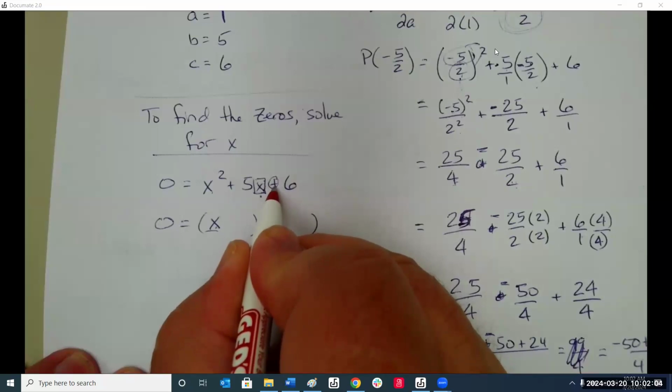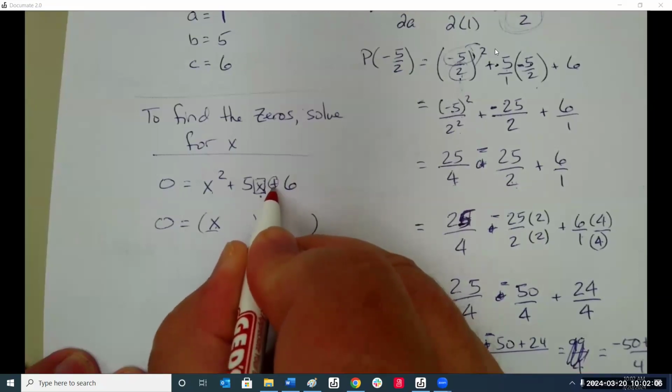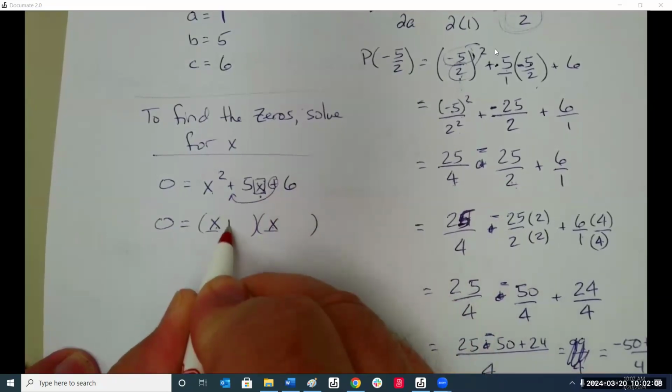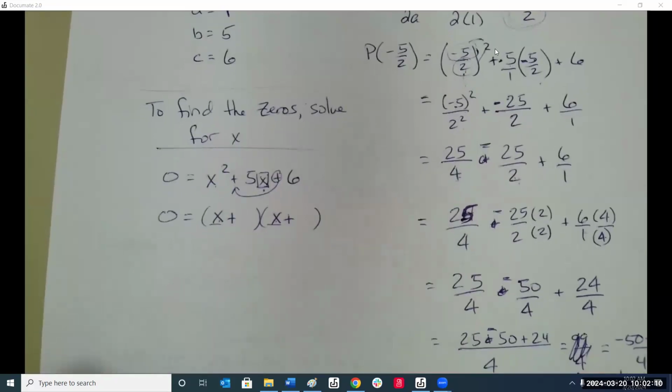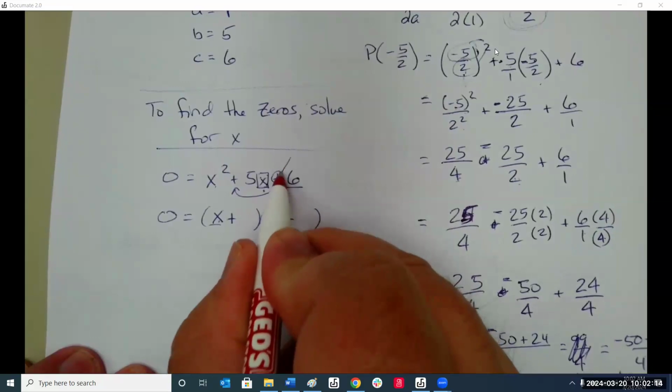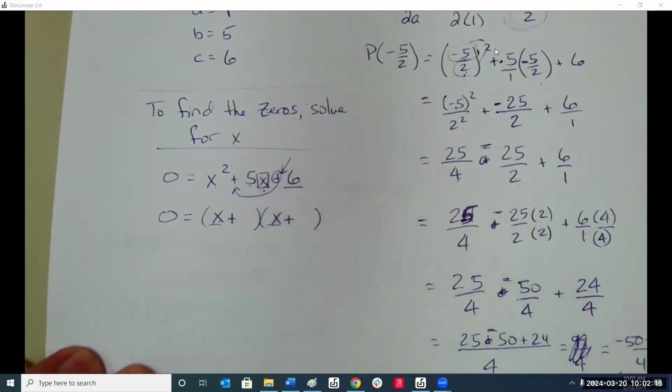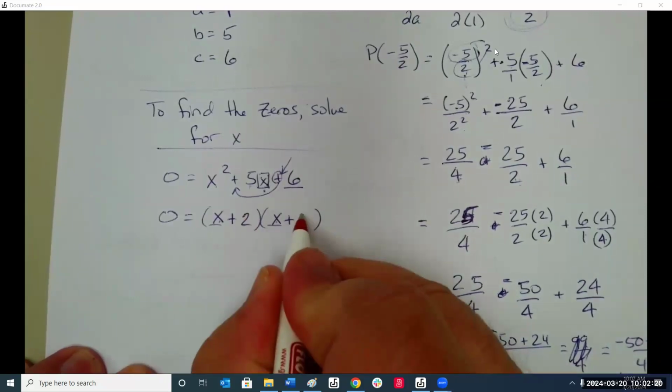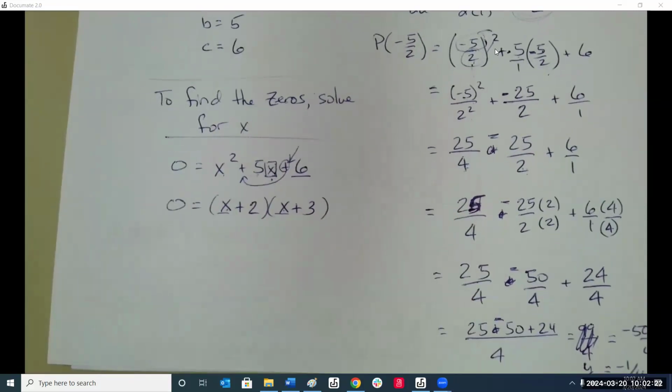Very good. The second sign's a plus, which means they're both the same. They're both going to be the first sign, plus. What times what is 6, and when you add them, you get 5? 2 and 3 or 3 and 2, doesn't matter which ones. So there's the factored form.